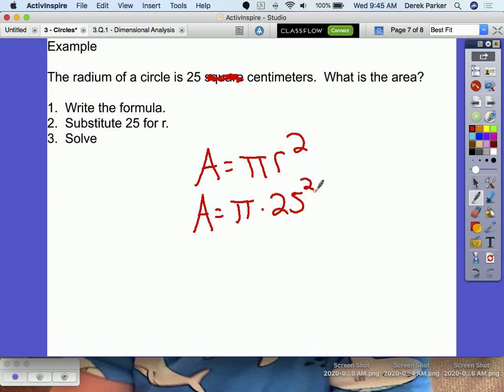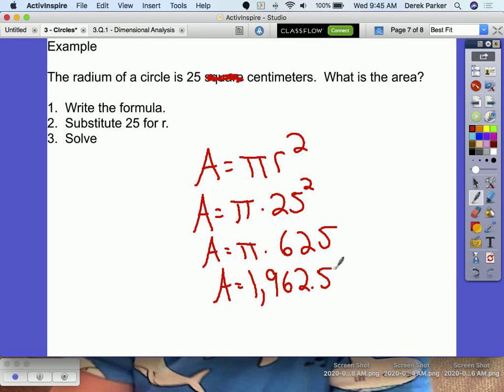So now 25 to the second power gives me 625. So area equals pi times 625. I approximate pi as 3.14. Times that by 625, and I get area equals 1,962.5 square centimeters.